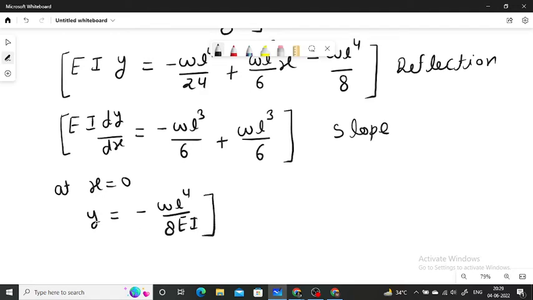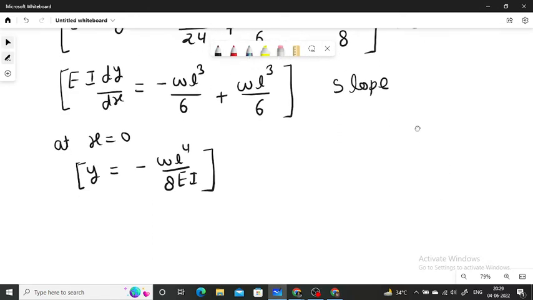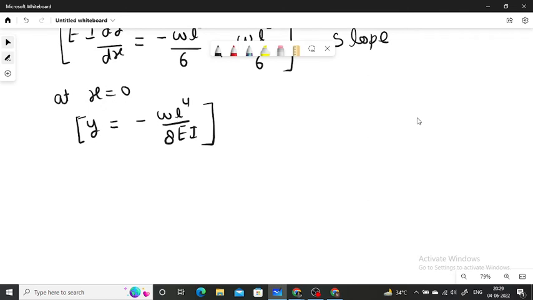Okay, this minus sign shows that the deflection is in the downward direction.